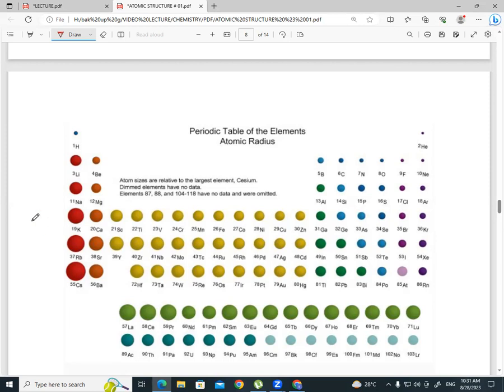As we go down the group, the number of orbits increases, so the outermost shell electrons face more repulsion. So the force of attraction between protons and the outermost shell electrons becomes weaker. That's why the atomic radius increases when we go down the group.